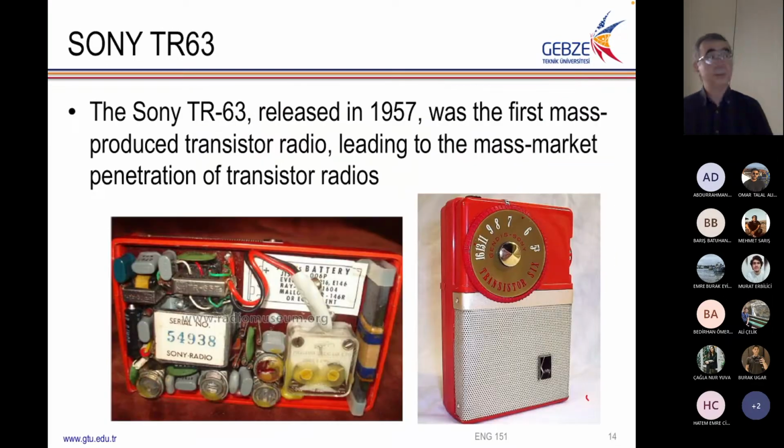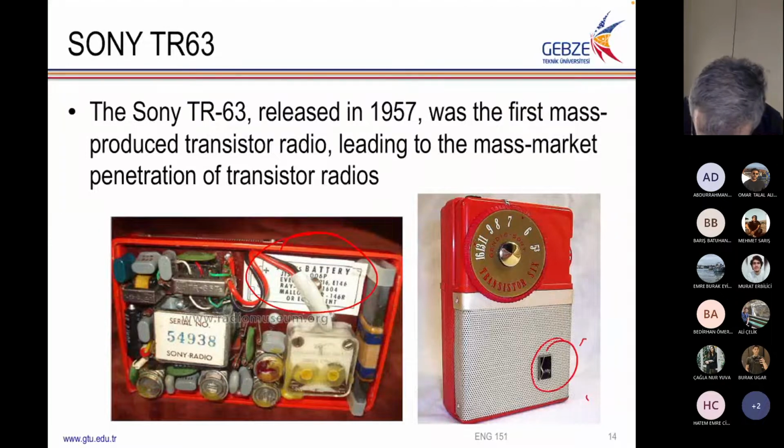This is the first transistor radio, the Sony TR-63, released in 1957. This is the first transistor radio, which works with a battery. It is quite vintage and nice, right? And the original emblem of Sony is actually really different. That was sold in mass markets to many people.